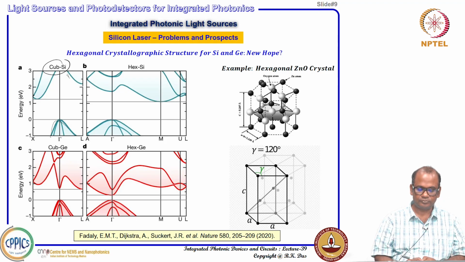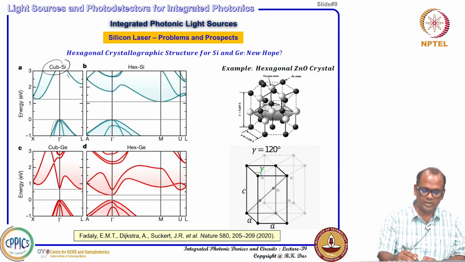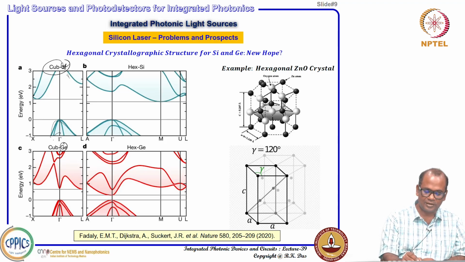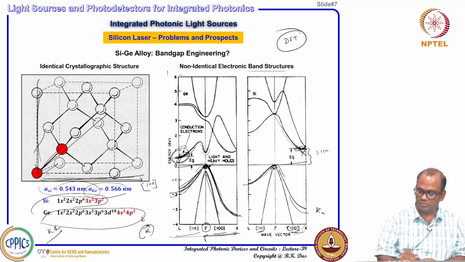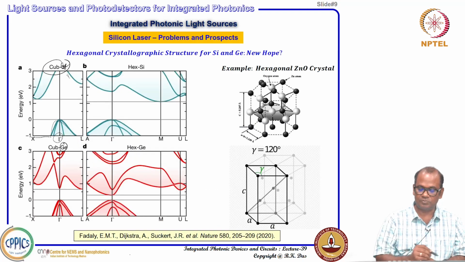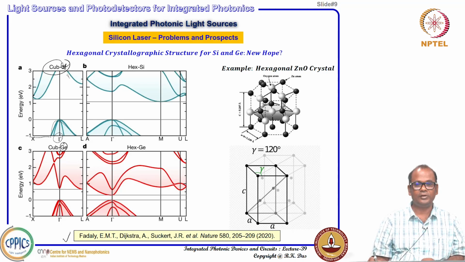And for cubic germanium, the structure is shown here. This is the gamma point, this side is shown as X, this side is L. Normally it is shown like that, but it is actually reversed here in this paper. You can find the details in this paper, recently published in Nature 2020.